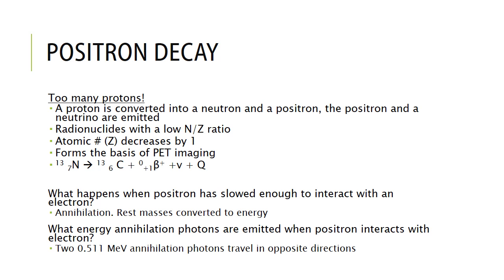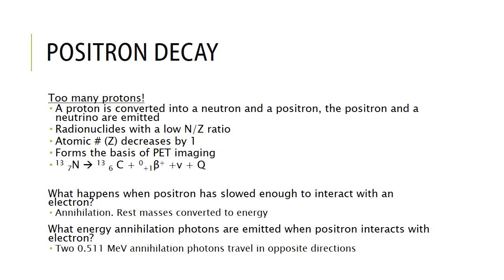So positron decay is another type of beta decay, so to speak. But these radionuclides that decay by positron decay have way too many protons and too few neutrons. So the proton-rich but neutron-poor nuclides have an NP ratio that's too low for stability.